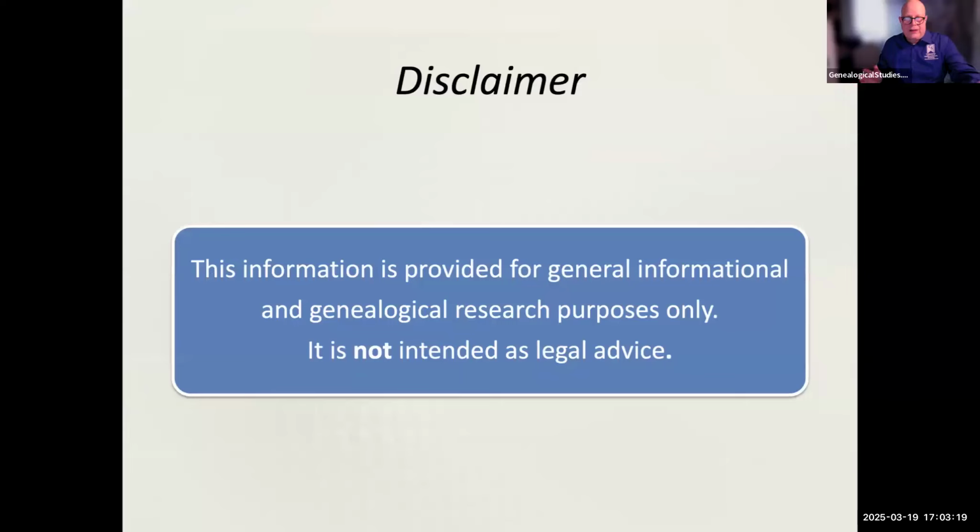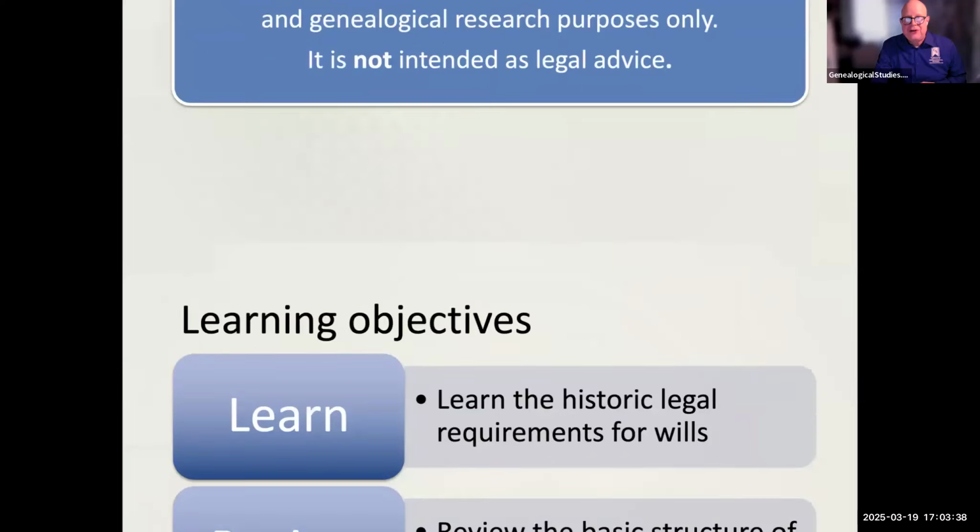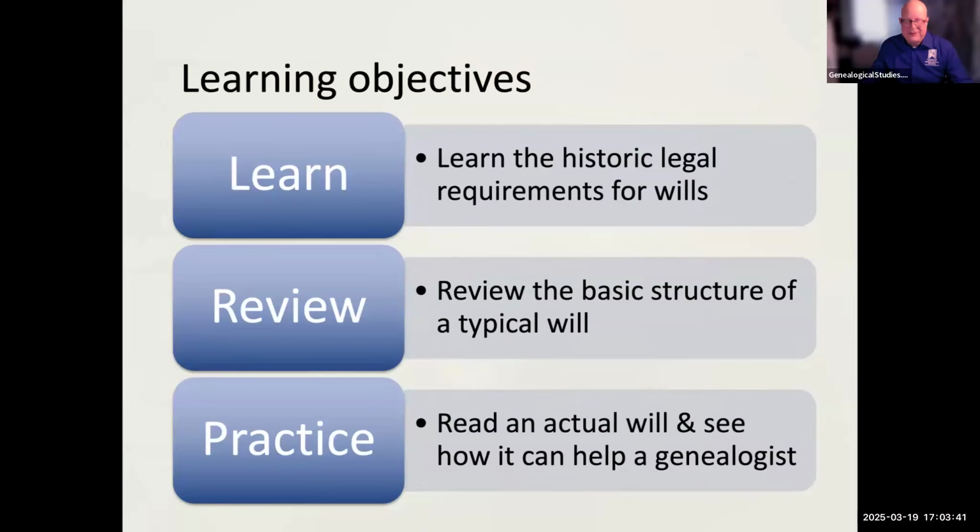Quick disclaimer though. This information is provided for general information and genealogical research purposes only. It's not intended as legal advice. I am going to talk a little bit about some legal history, but I'm not here to teach you how to do your will.